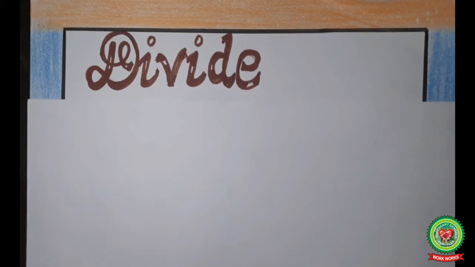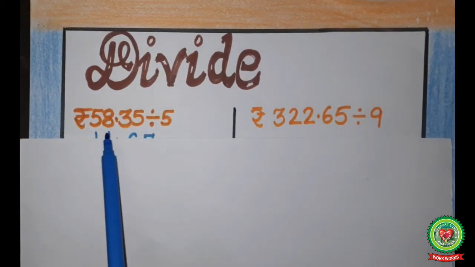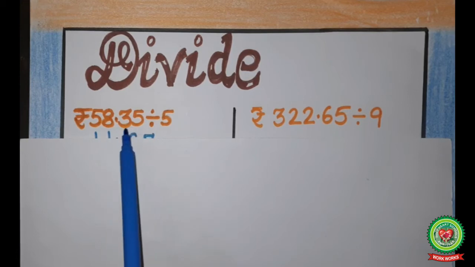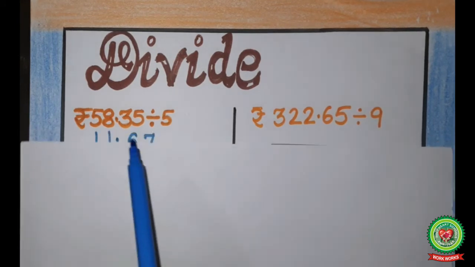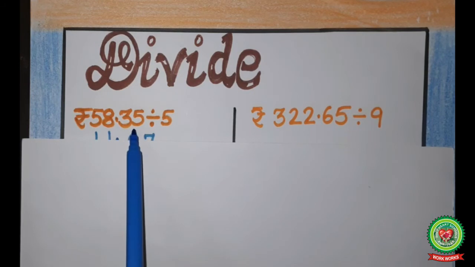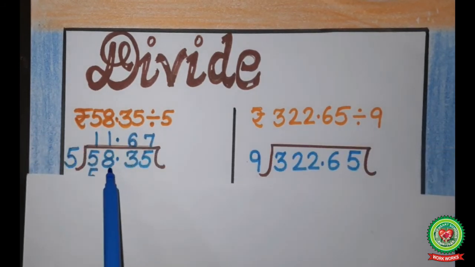Example number 1. Divide 58 rupees and 35 paise by 5. Now students, rupees 58 and 35 paise will become the dividend.